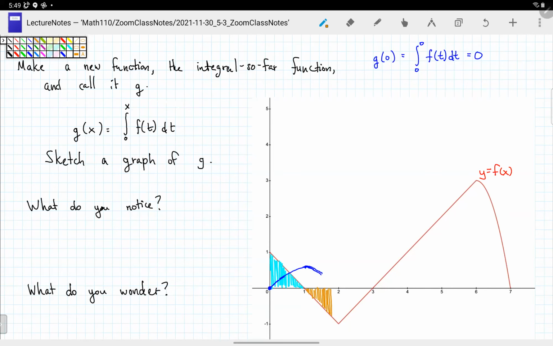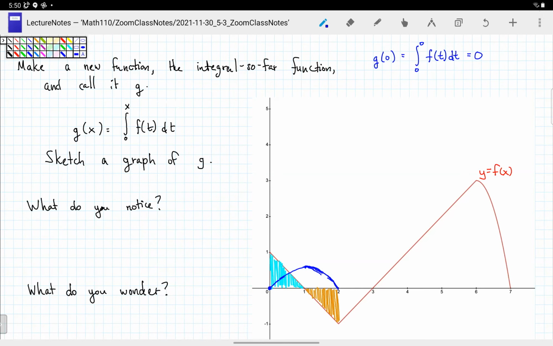So I'm decreasing, but at an increasing rate. G is getting steeper. And I keep going until I reach g of 2. If you recall, g of 2 was 0, because this is where the amount of area above the x-axis equals the amount of area below the x-axis.